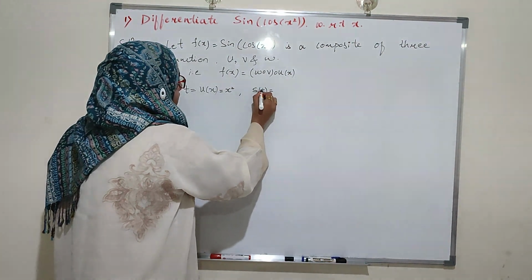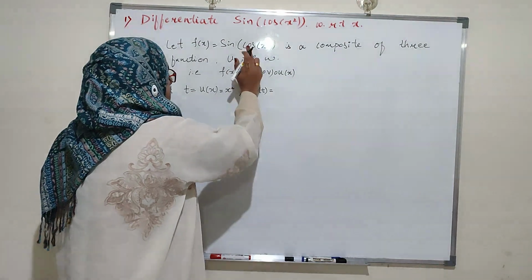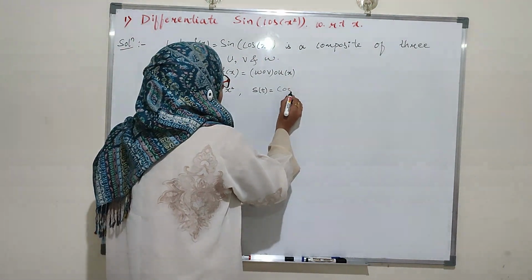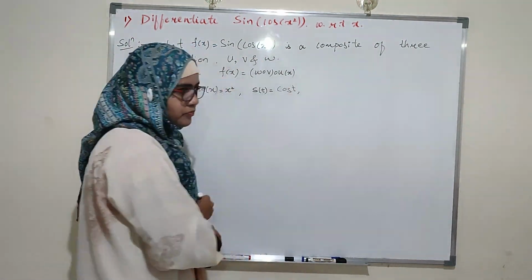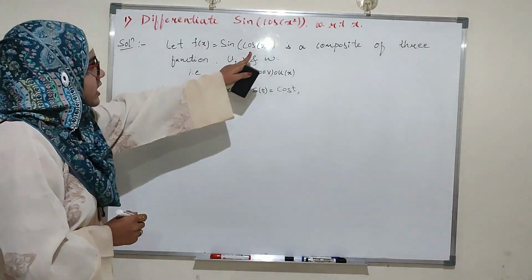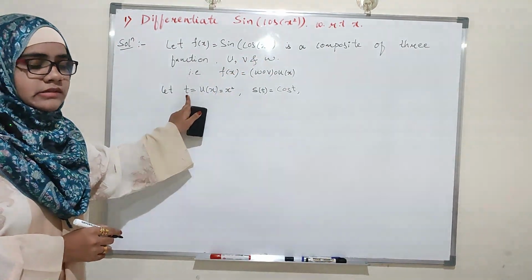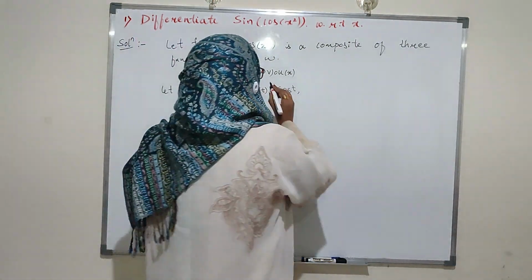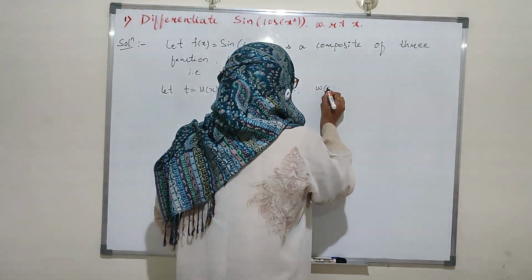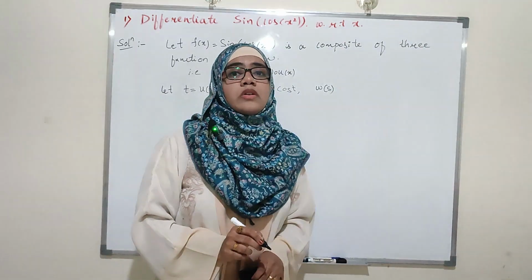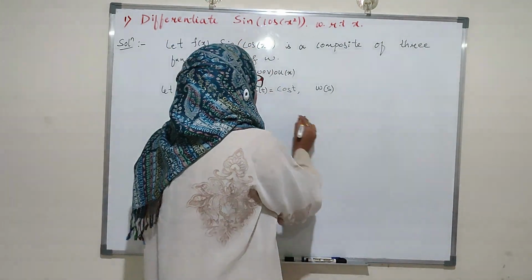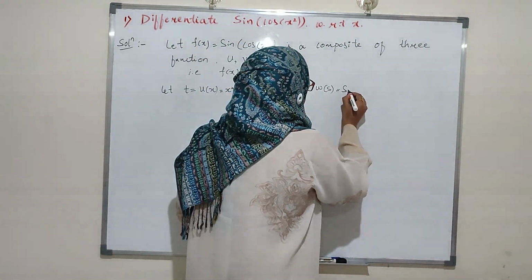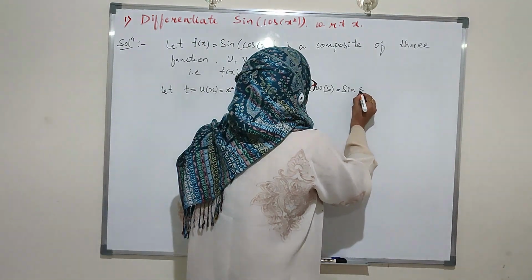S is a function of t, and s of t is cos of t. So firstly we are taking x square as u of x, which is t, and the second one is cos of t. Now lastly take w of x. W is a function of s, which is sine of s.